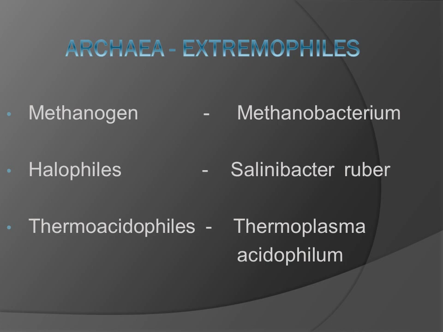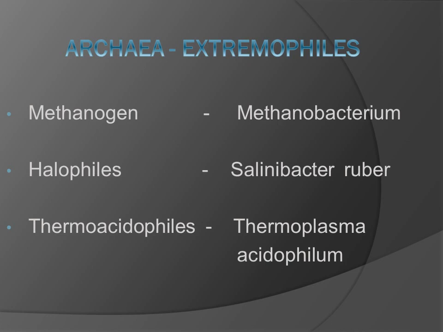Here, 3 extremophiles are given. One is methanogens. Methanogens are bacteria that produce methane, especially living inside the rumen of cattle such as cows and buffaloes, in the digestive system.